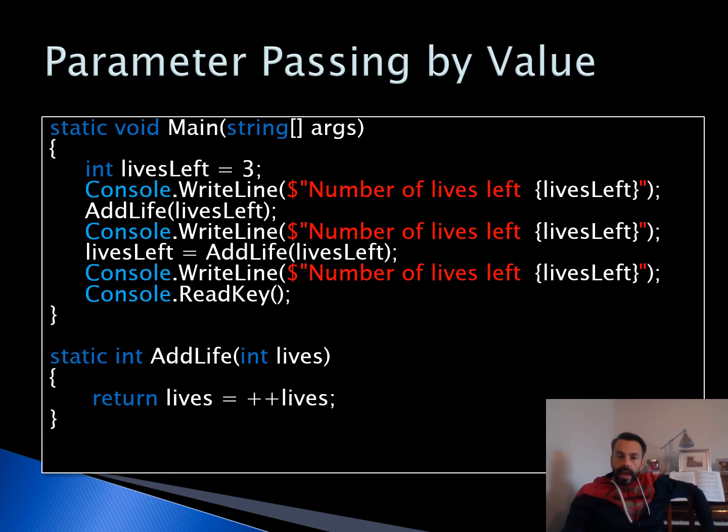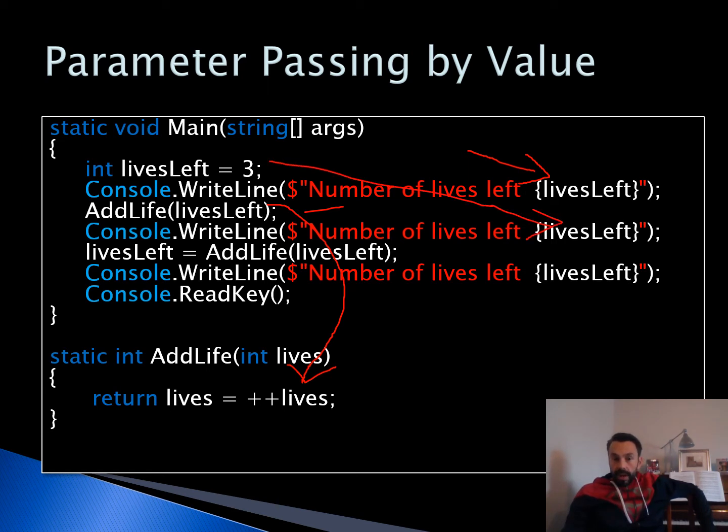Then you'll notice that we're printing this out twice. So what will happen is you're printing out 3 lives left, okay? Then you're going through the formality of calling this. It will return that value. But once again, what you're doing here is you're printing out lives left. Even though you've called that here, it will not change this. So you're going to get 3 again.